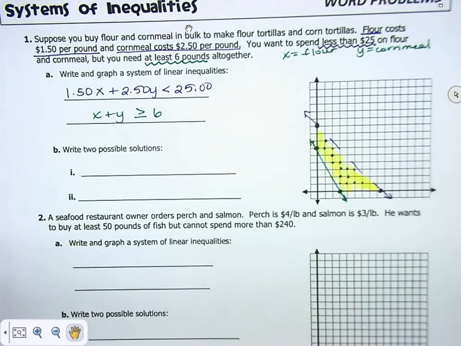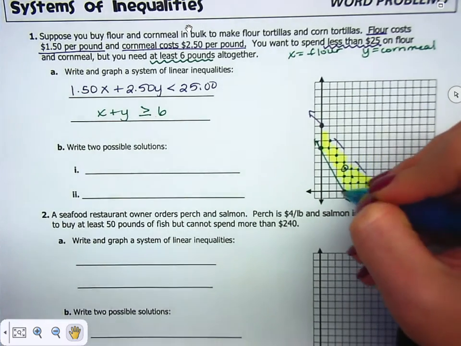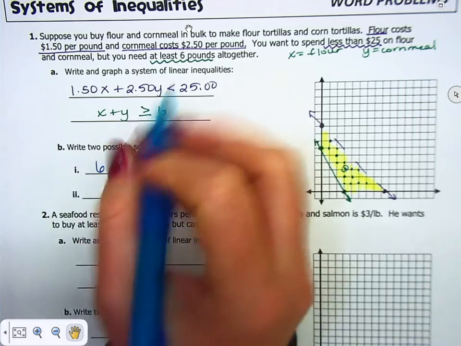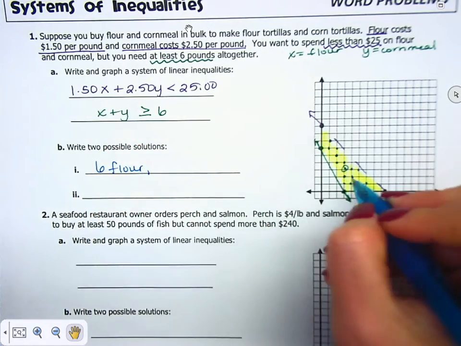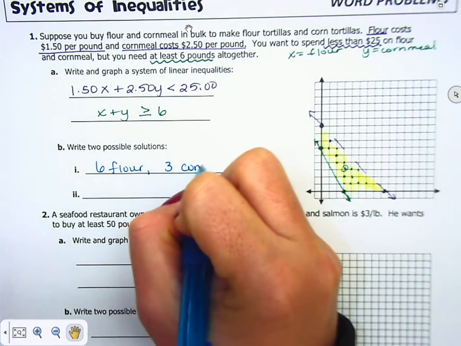Okay, so we're not going to list them all because we could be here forever. So we're just going to list a couple. So let's choose this one right here. Remember I went by twos on the bottom. So 2, 4, 6, and then 1, 2, 3. So that would be 6 flour and 3 cornmeal.